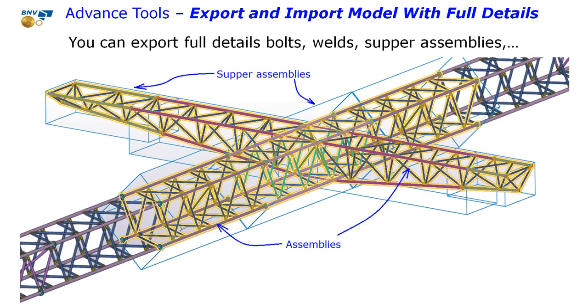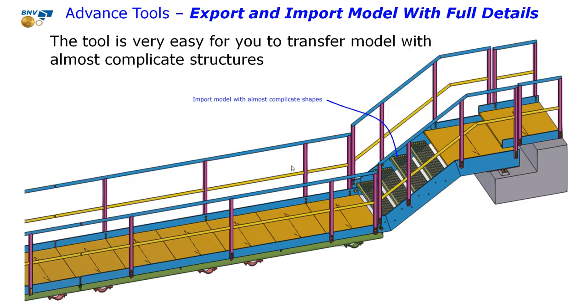You can export full detail for bolt, weld, and super assembly correct 100%. The tool is very easy for you to transfer models with almost complicated structures, for railing, for stair stringer or railing or item.